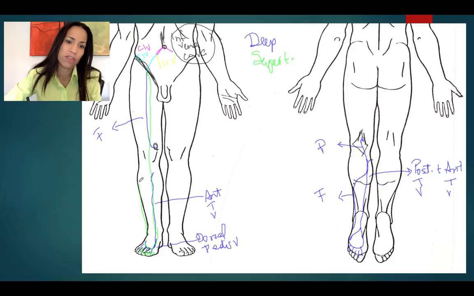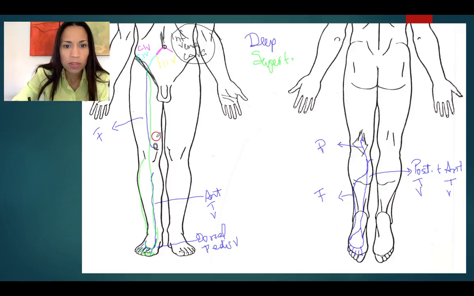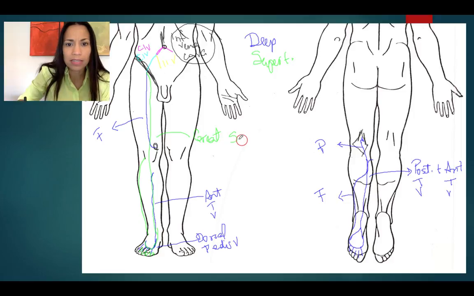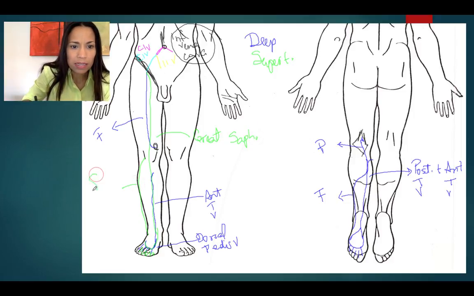We have another vein that is the small saphenous. So this is the great saphenous. And this one is the small saphenous.